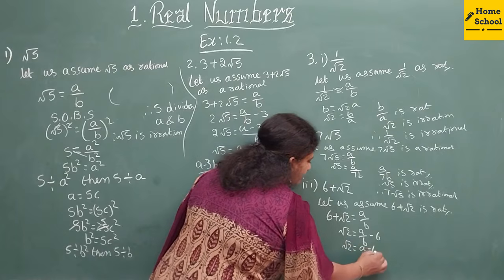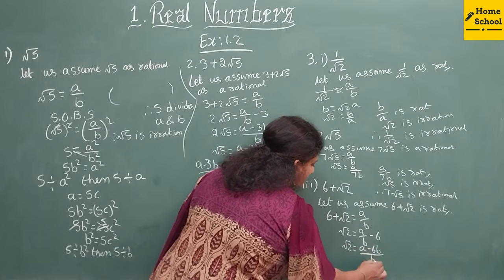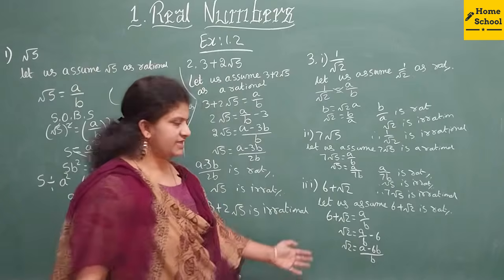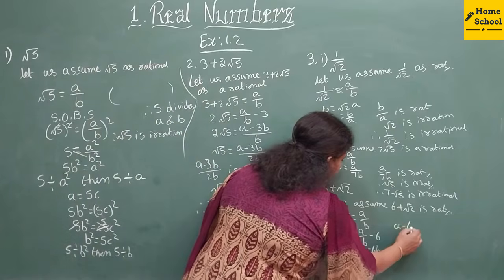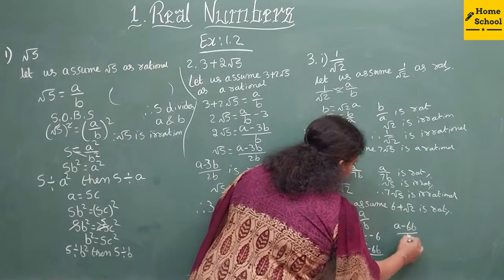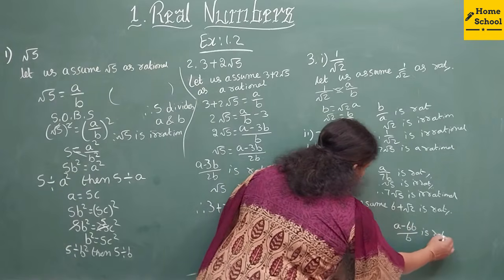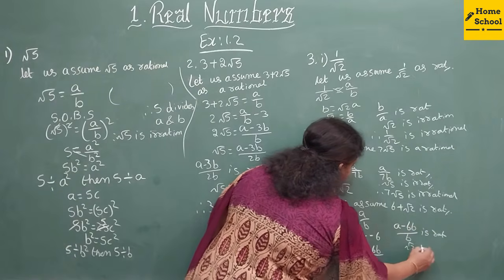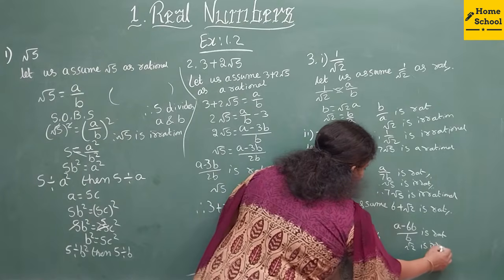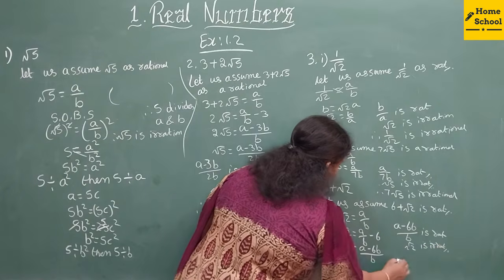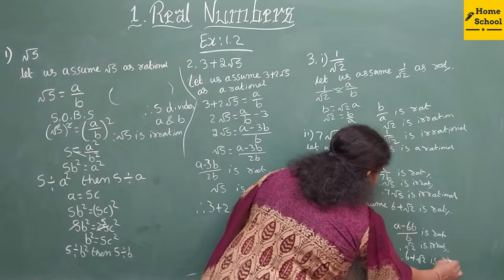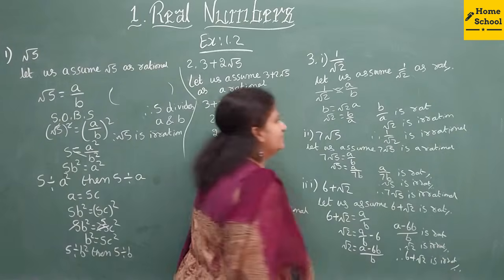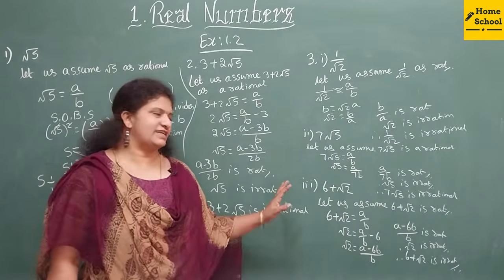Root 2 is equal to a minus 6b by b. Now what will you say? A minus 6b by b is rational, and root 2 is irrational. Both cannot be equal. Therefore, finally, 6 plus root 2 is irrational. That's it. Write neatly stepwise statements.